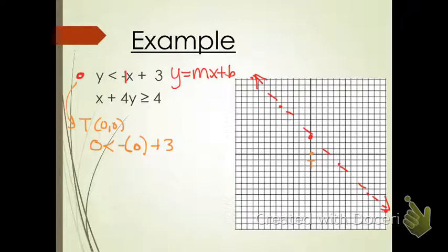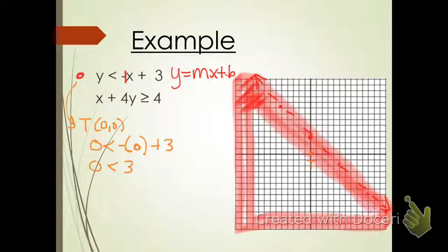And in this case, we'd end up with 0 is less than 3, which is true. So when we go to shade the first inequality, we're going to shade on the same side as our test point, which is kind of below and to the left. So all of these values are solutions to that first inequality.